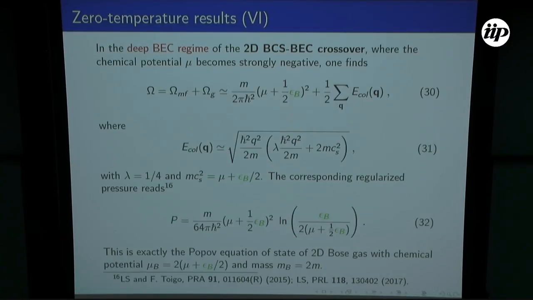But this formula is exactly the formula predicted many years ago by Popov for weakly interacting repulsive bosons. So, introducing Gaussian fluctuations in the BCS theory, you are able to recover in the deep BEC regime the result of Popov.